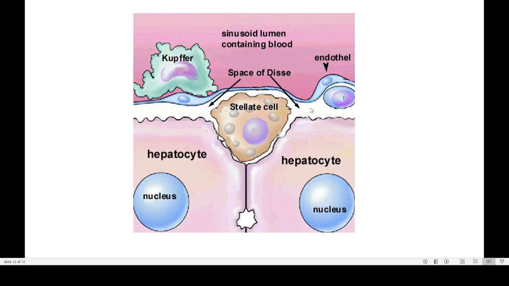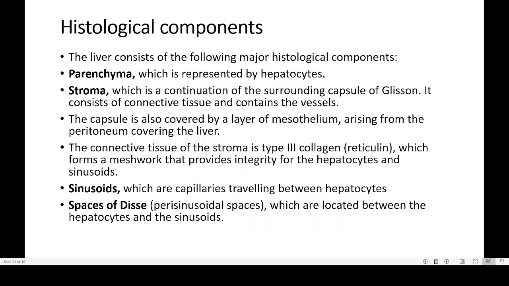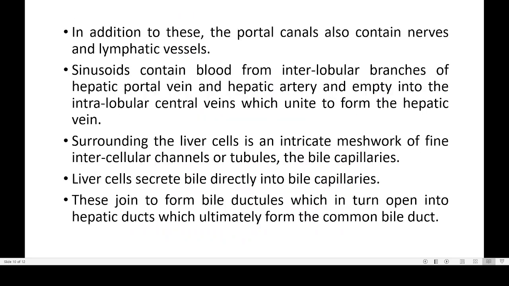Here you can see that the space between hepatocyte and the sinusoid is known by the name space of Disse. So this is an idea regarding how the various tissues within the liver are arranged. This is the first type of gland, that is the liver.